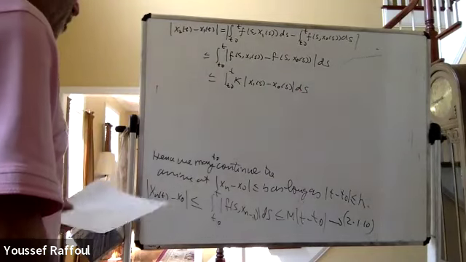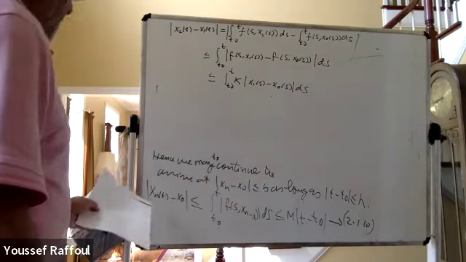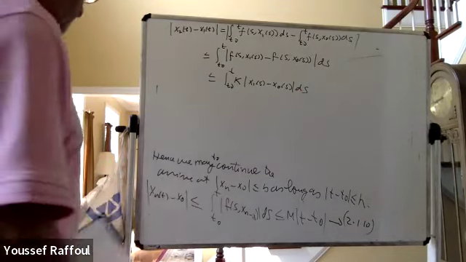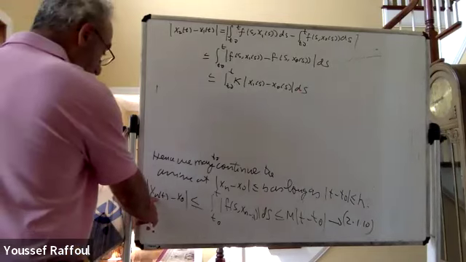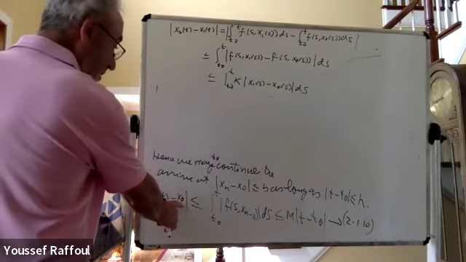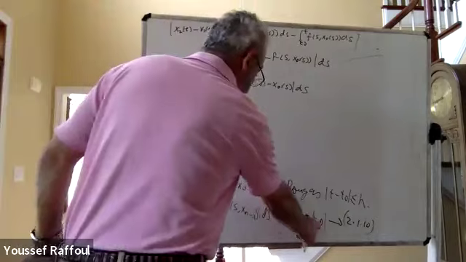Now, what is x1(s)? x1(s) minus x0(s) is less or equal to m times (s minus t naught).